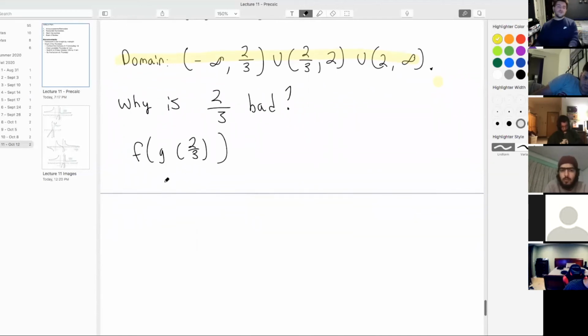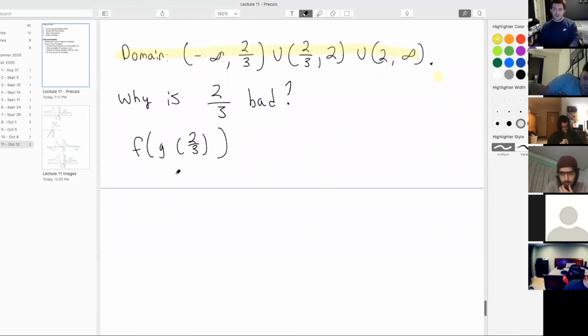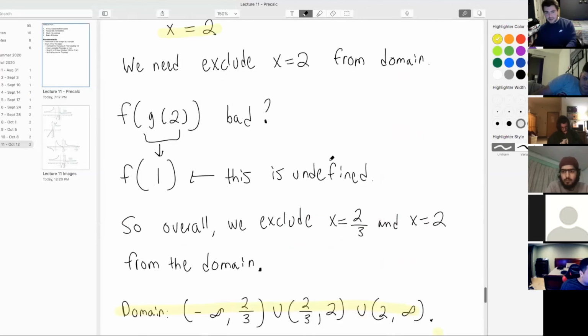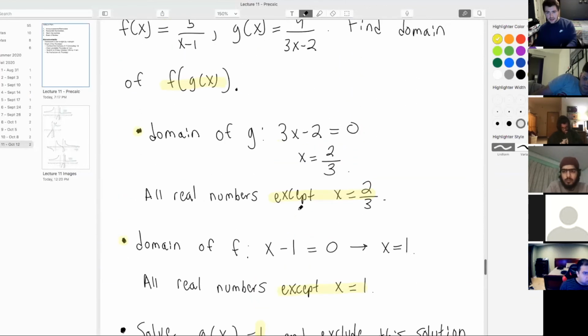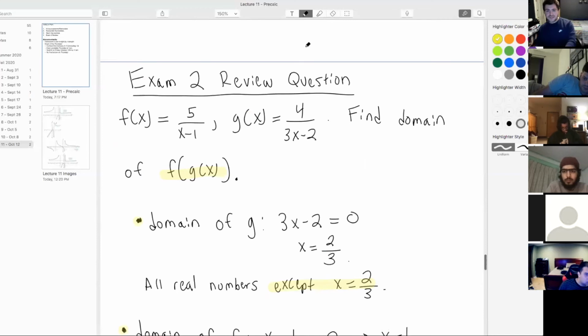In order to evaluate this at 2/3, first and foremost I need to look at G of 2/3. But the problem here is that G of 2/3 is undefined. Reason being, if I plug 2/3 into G, I'm dividing by 0.